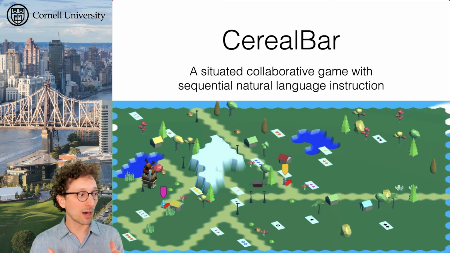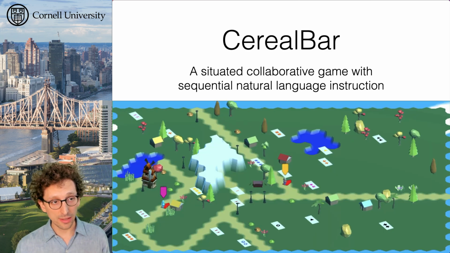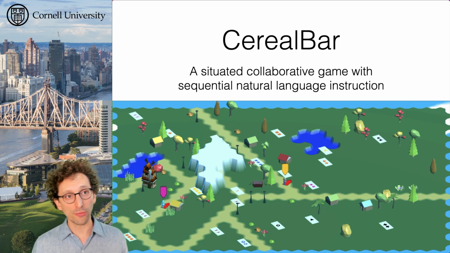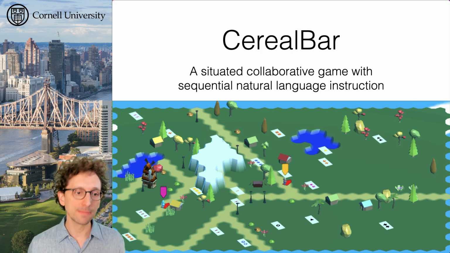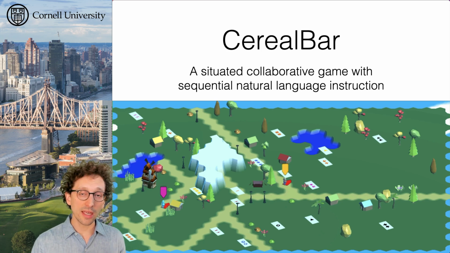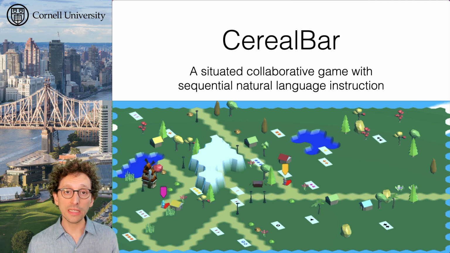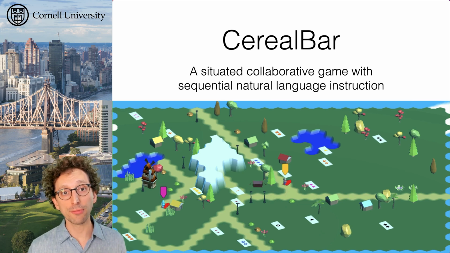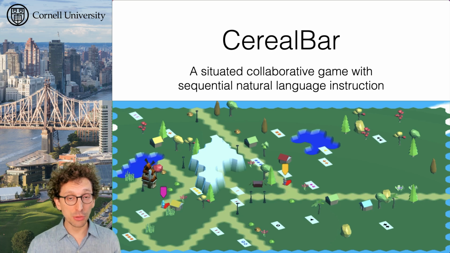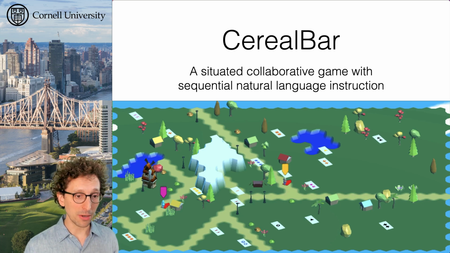This is the CerealBar game environment. This is an overhead view of the complete game environment. This environment is procedurally generated randomly for each game, so each game gets a unique instance of the environment.